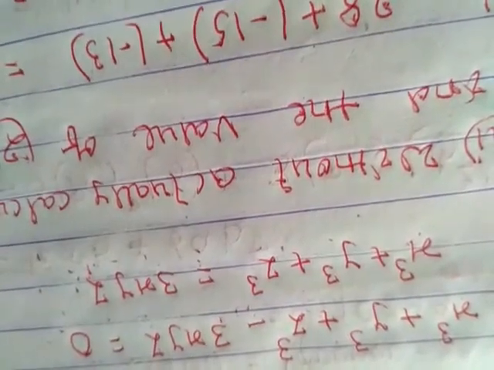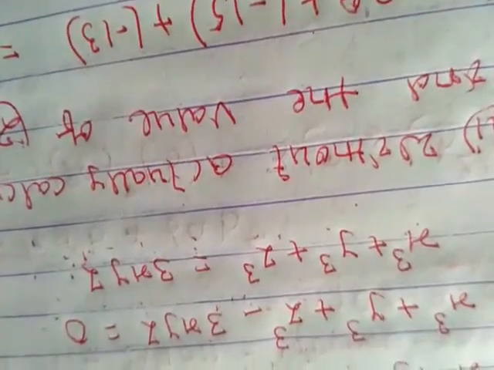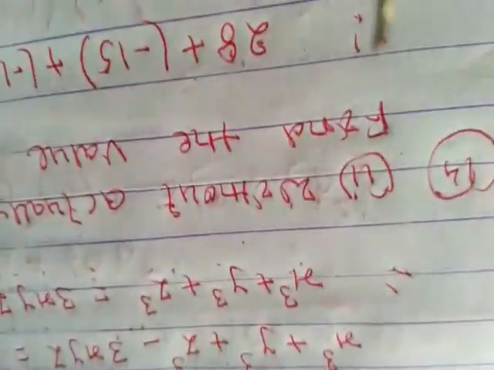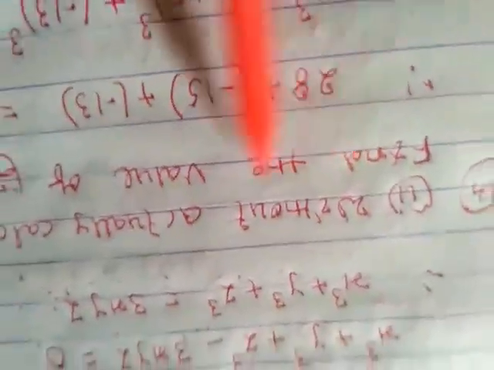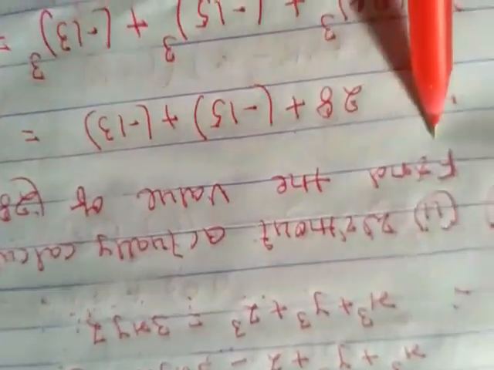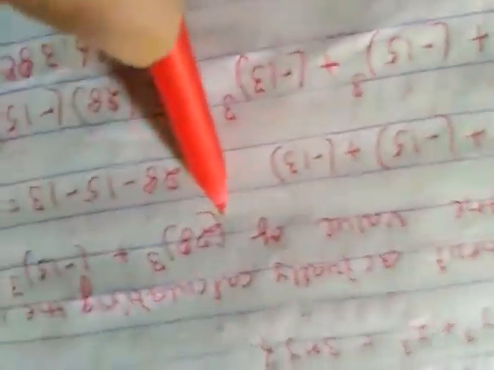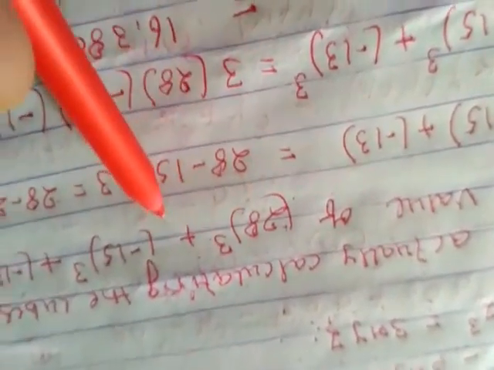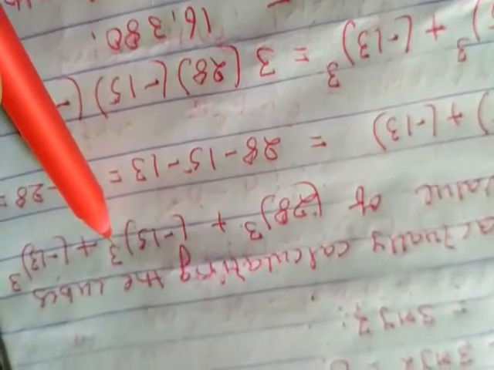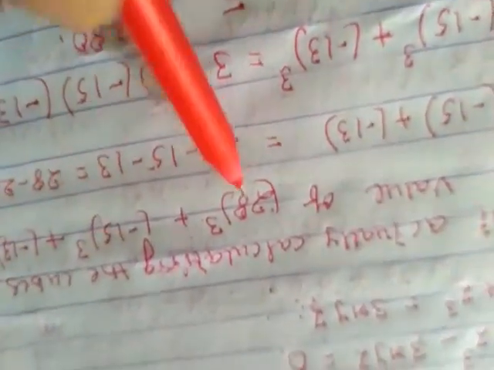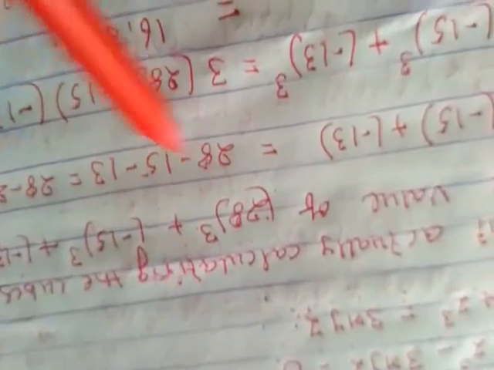Question number 14 is: without actually calculating the cubes, find the value of 28 cube plus minus 15 cube plus minus 13 cube. We have to find the value of these cubes without actually multiplying, by using an identity.